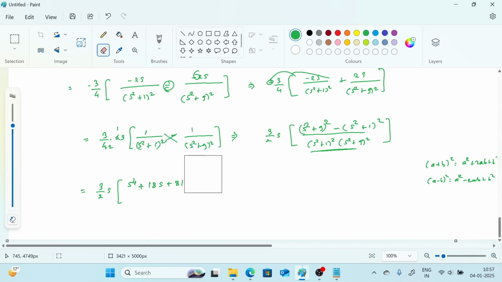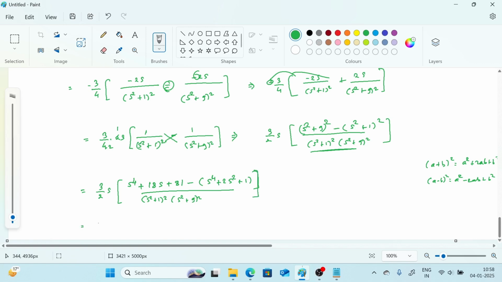Okay, let me not confuse you, so I will write: minus s raised to 4 plus 2s square plus 1, upon this term (s square plus 1) bracket square (s square plus 9) bracket square.